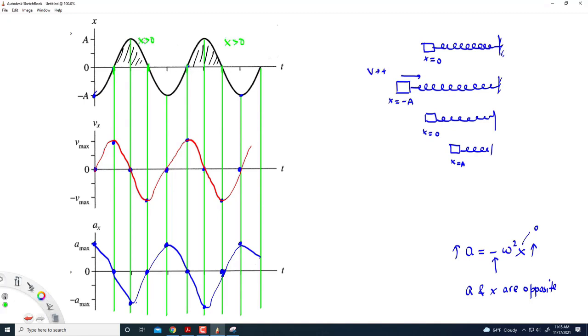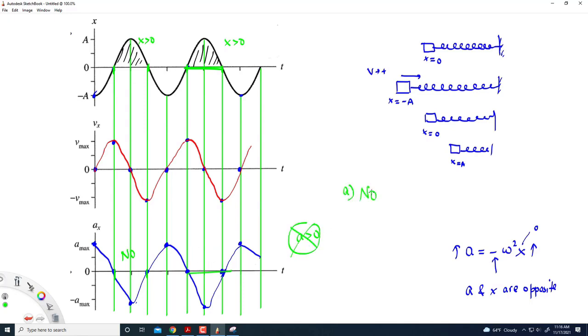So it's asking, is a ever greater than 0 for this part? So let's go down. From here to here, is a ever greater than 0? No. A greater than 0 means it's on this top part. You don't see any graph on the top part, right? So that means that a is no.